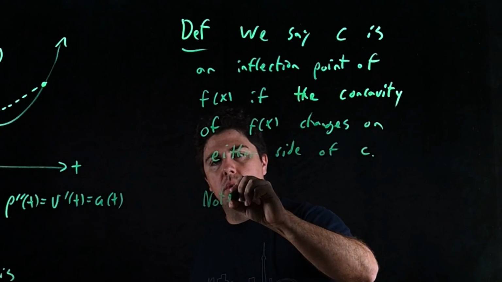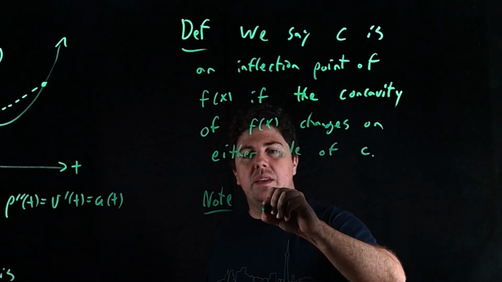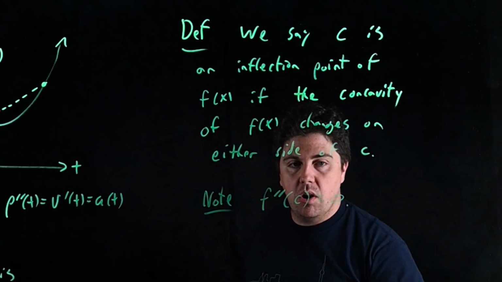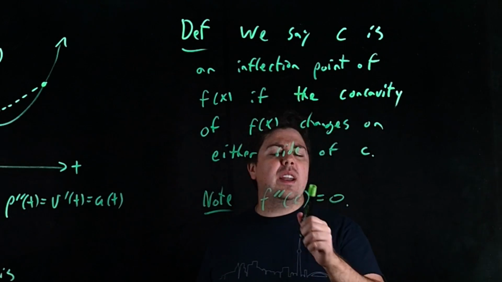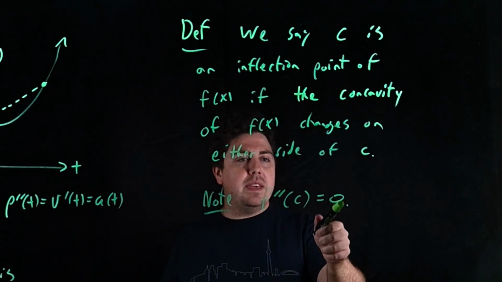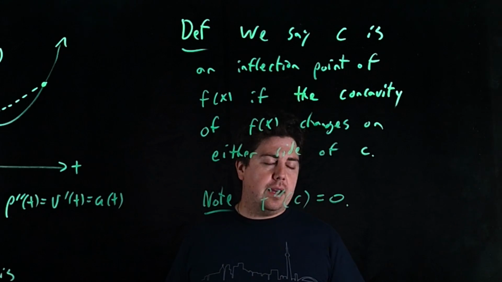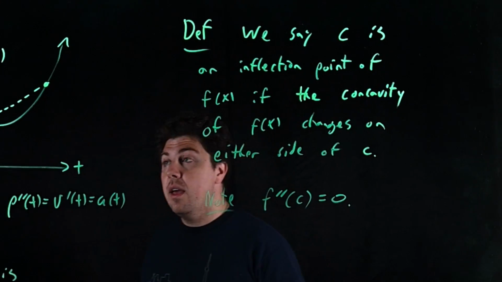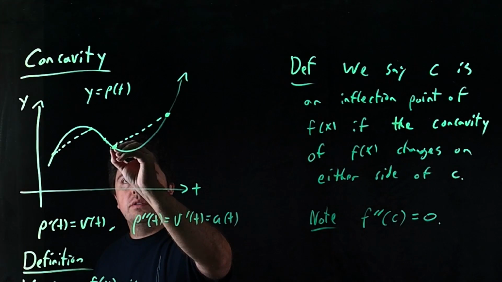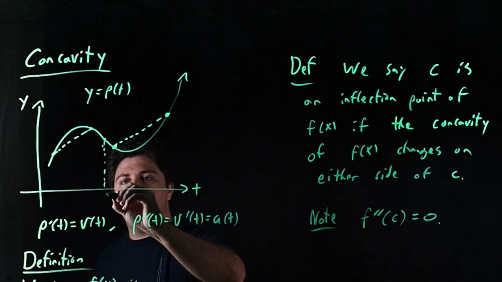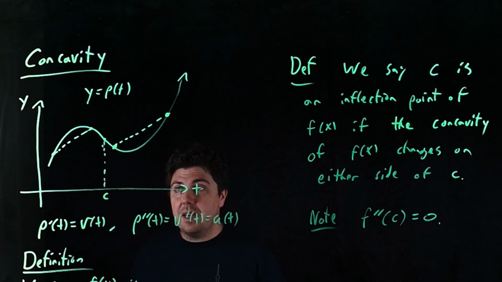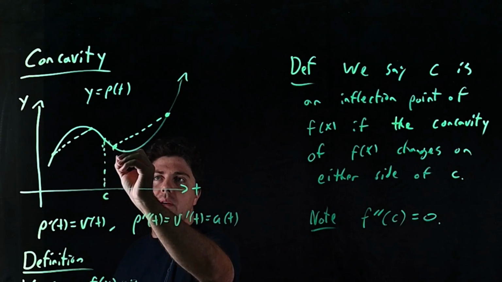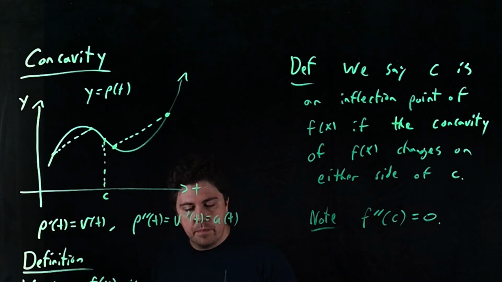Note, this means that f double prime, the second derivative at c, is going to have to be 0 in this case, but you can have the second derivative be 0 at a point without having an inflection point. So that's another thing that can go on. We'll do an example of that in a second. And note, for this function here, we see that this point here, c, is most assuredly an inflection point because the function is concave down up to this point, and then is concave up henceforth.